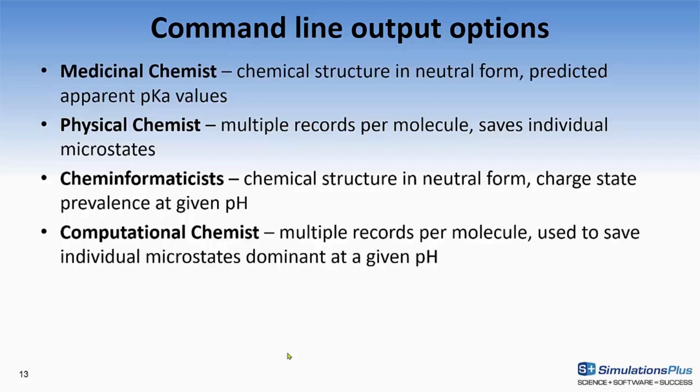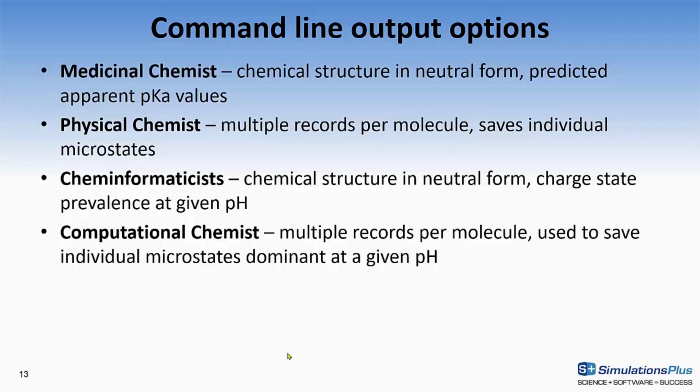For the cheminformatics option, this is the chemical structure in the neutral form, and then gives what the charge state of the atom would be at a given pH. And then finally, for a computational chemist, it gives multiple records per molecule, and it's used to save the individual microstates dominant at a given pH. You might want to use this for input to docking.